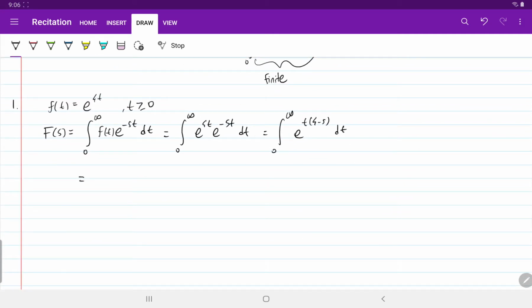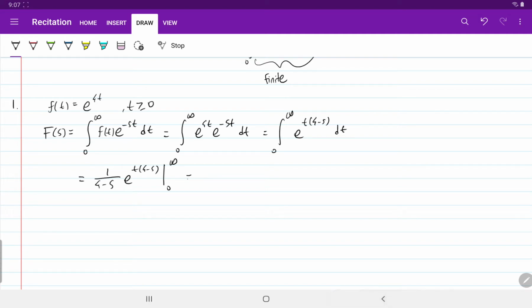Our task is just to solve this integral. Remember that this integral corresponds to the variable t, so we can treat s as a fixed number, or just any number that is fixed. We just need to integrate this function with respect to t. So we have 1 over (4 minus s) e to the power t(4 minus s) from 0 to infinity.